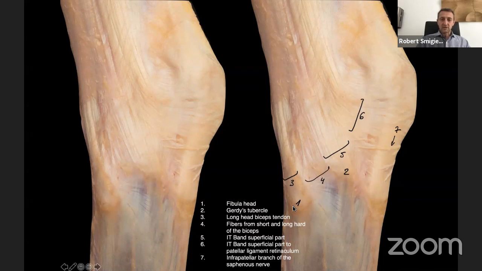We have the head of the fibula, the Gerdes tubercle, 3 is the long head of the biceps tendon, 4 are the fibers from the short head of the biceps, 5 is the IT band superficial part, 6 is the superficial part running to the patella, and finally 7 is the infrapatellar branch of the saphenous nerve. You can see it here with the arrow.